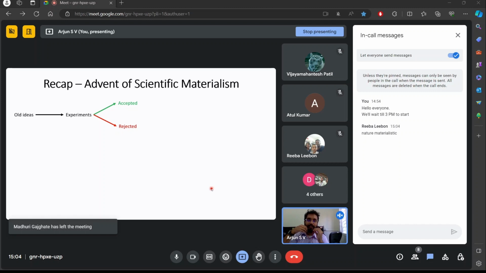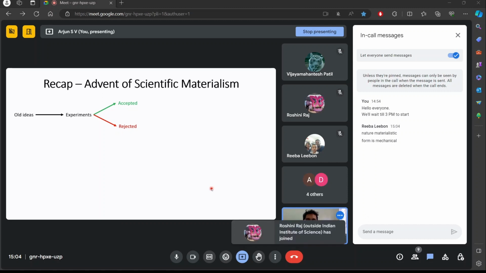Whatever is happening in the world, every phenomenon in the world is defined by some form of immutable law.